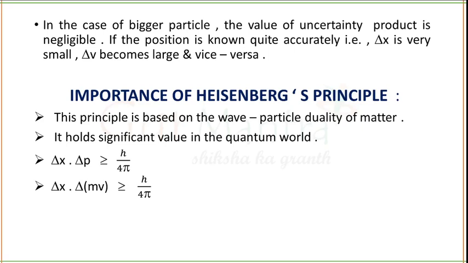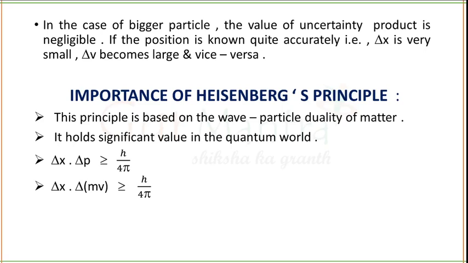It holds significant value in the quantum world, and this principle gave the clear-cut relationship between Δx and Δp, which is your position and the momentum, and the relationship is Δx·Δp must be equal to or greater than h/4π.